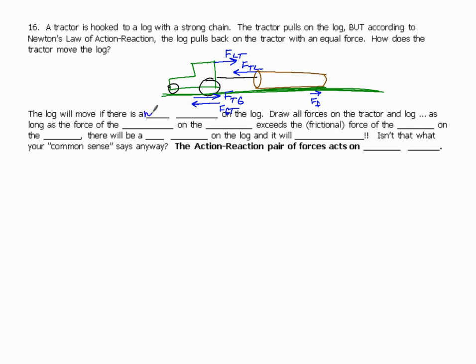So the log will move if there is a net force on the log. So as long as the force of the tractor on the earth exceeds the frictional force of the earth on the log, then there will be a net force on the log, and it will accelerate.